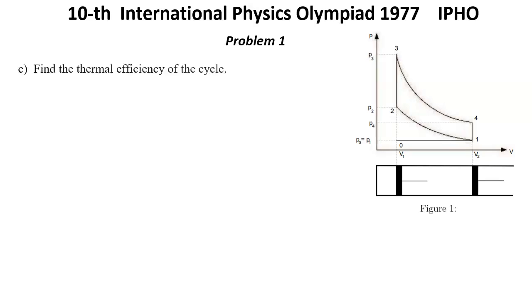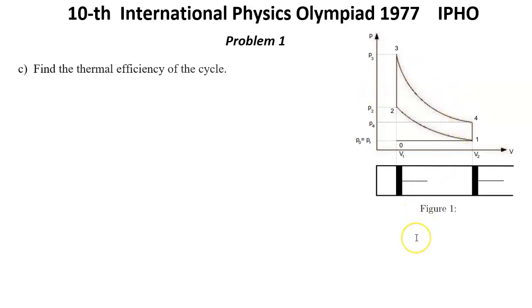Question C. Find the thermal efficiency of the cycle. Solution. Thermal efficiency of the engine is defined as the proportion of the heat supplied that is converted to net work. The exhaust gas does work on the piston during the expansion 3-4.